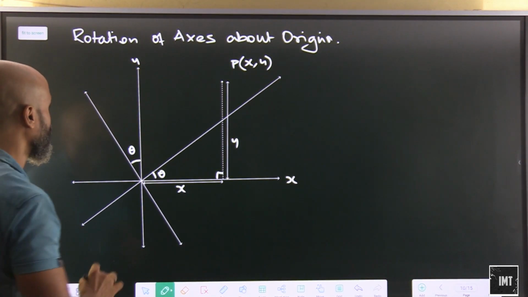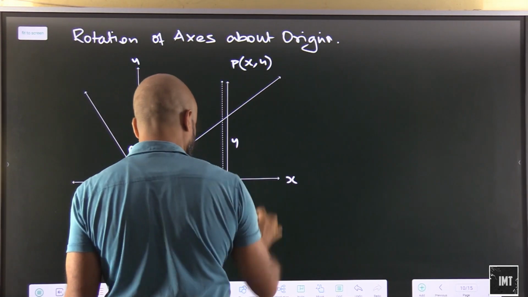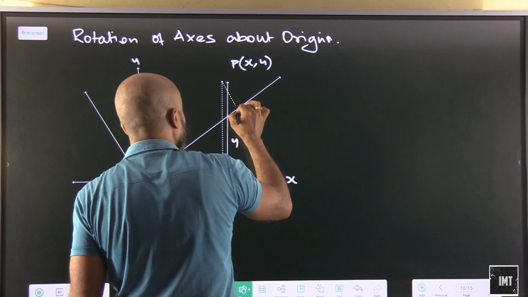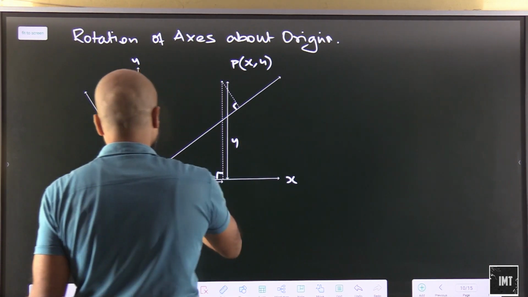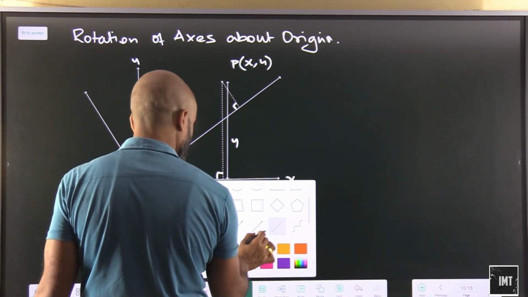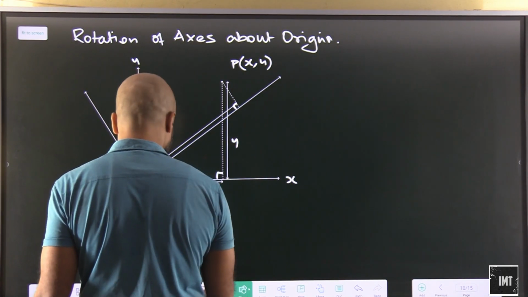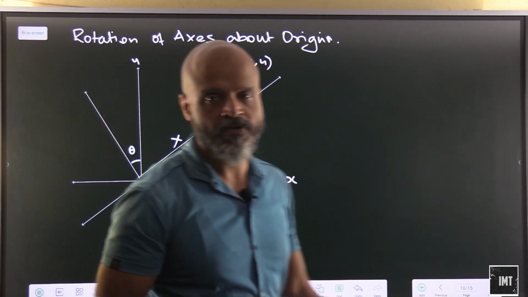Okay, now since this has been rotated, I need to drop a perpendicular from here. Just as I have dropped a perpendicular from here, I will drop a perpendicular from here to this one. So this is going to be the new x, so I will place a capital X here.